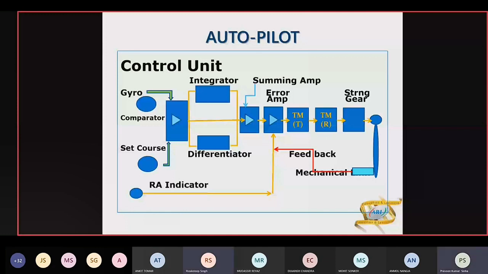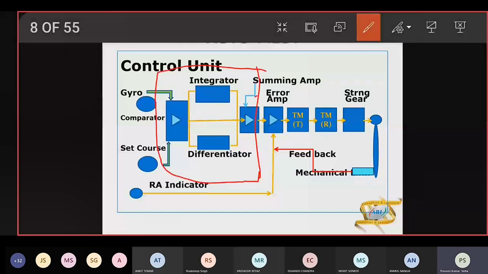We are just saying that comparison takes place and there is a summing amplifier finally. So basically this much of part is all responsible for comparison. Then this part is the result, the output, and after the output these are all actions.